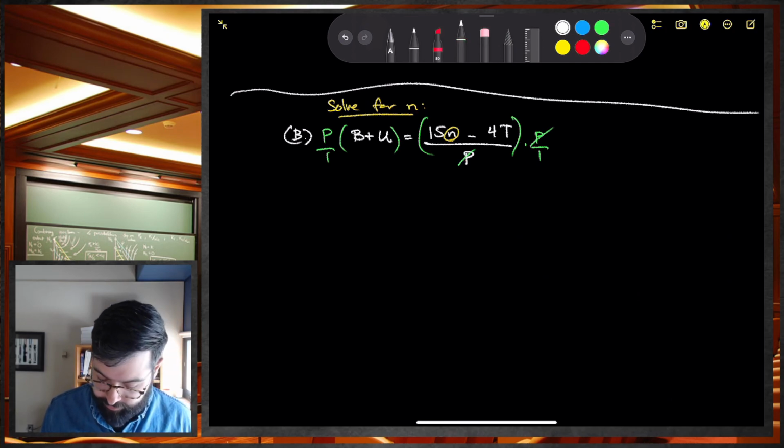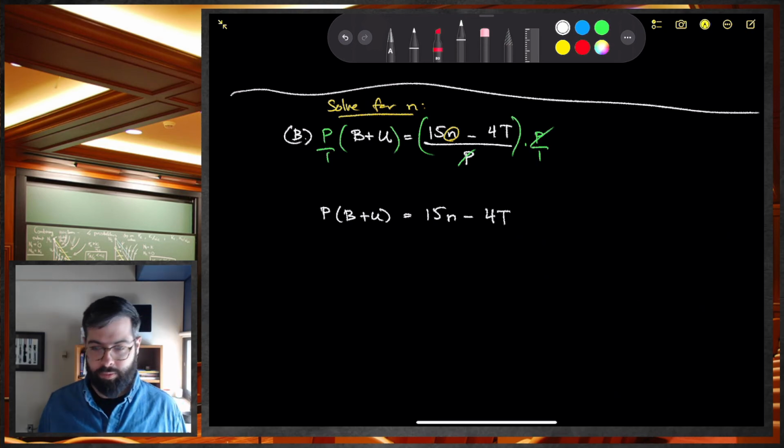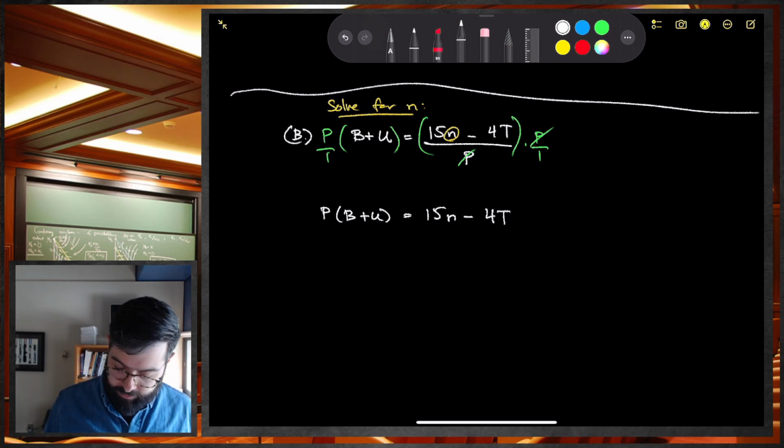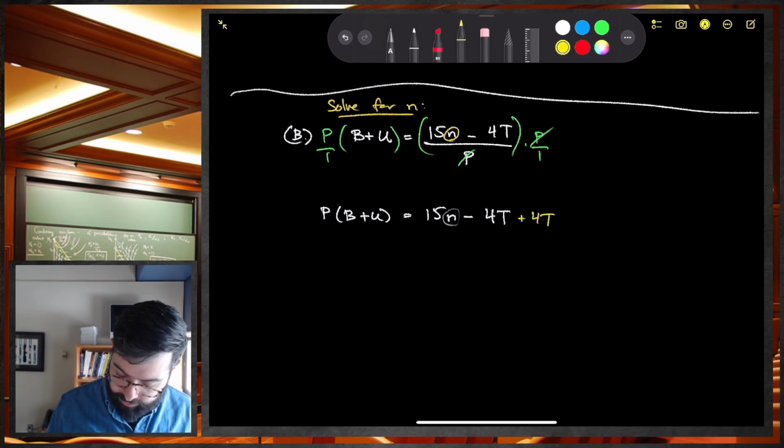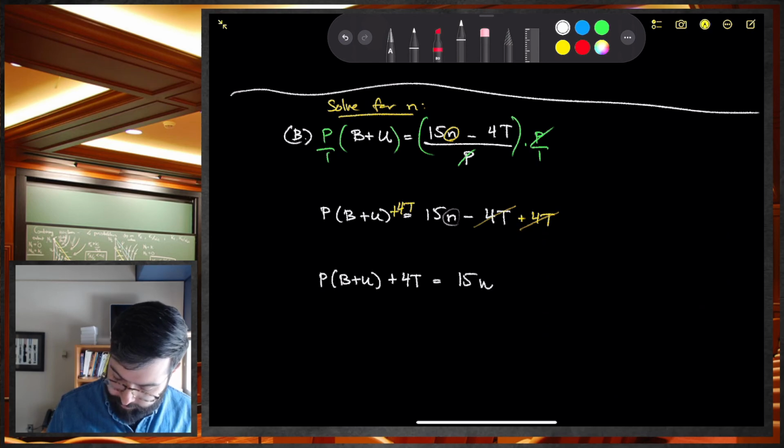So then on the left-hand side, I'll get p times b plus u. You can expand that on the left, or you can keep it grouped. I'm just going to keep it grouped. In solving for n, I'm going to add any constants. This is a constant, this 4t, so I'm going to add 4t to both sides so that these cancel. Left with p times b plus u plus 4t equals 15n.